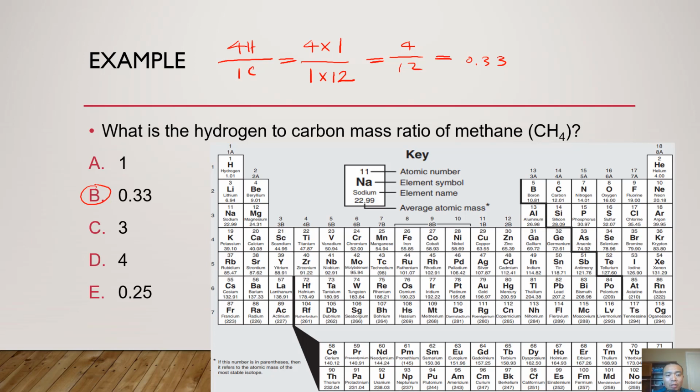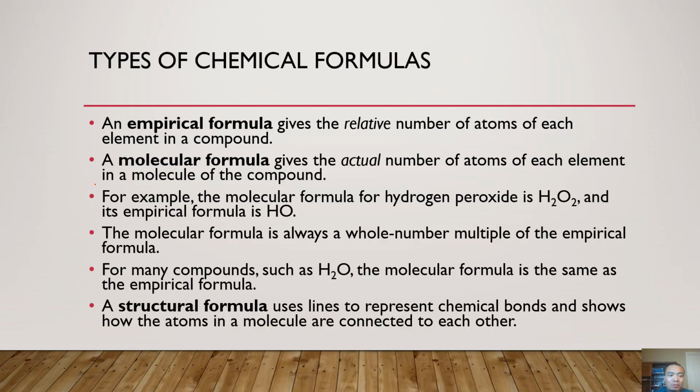So far, we have learned how to write the chemical formula in the correct way. We also learned how to count the correct number of atoms in each formula. Now, we are going to talk about the different ways to represent chemical formulas, or the different types of chemical formulas.